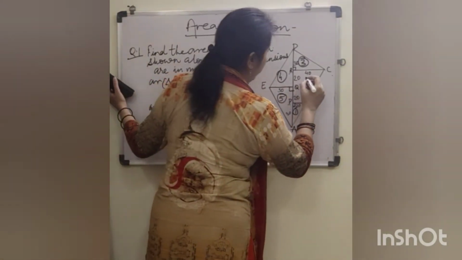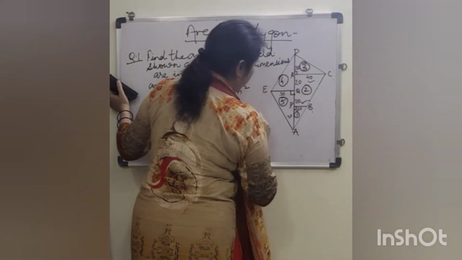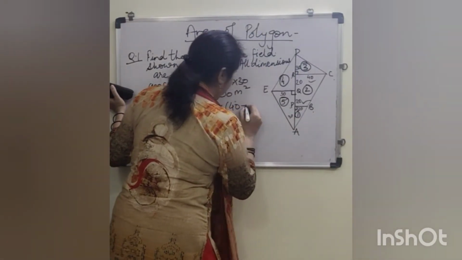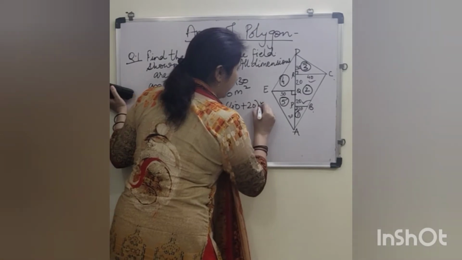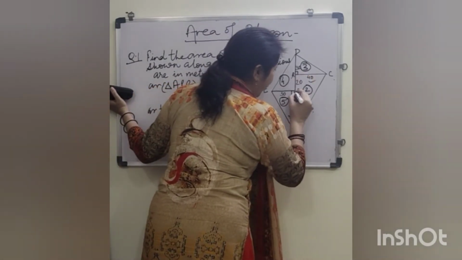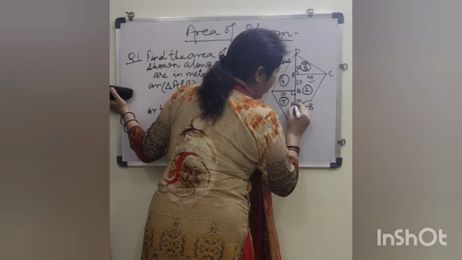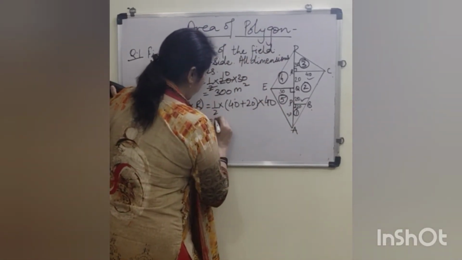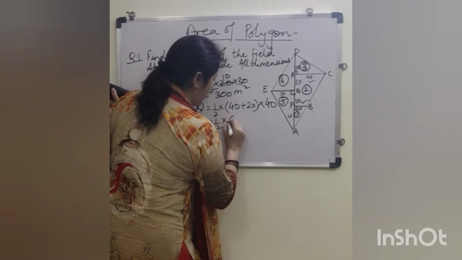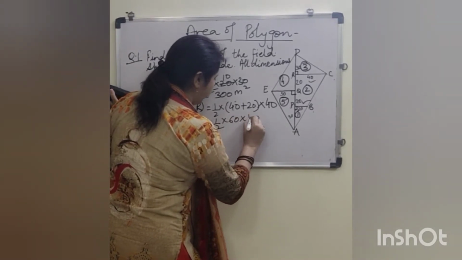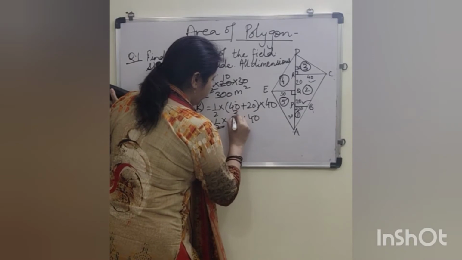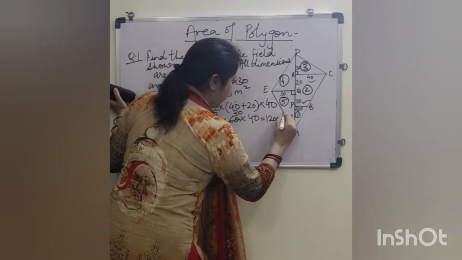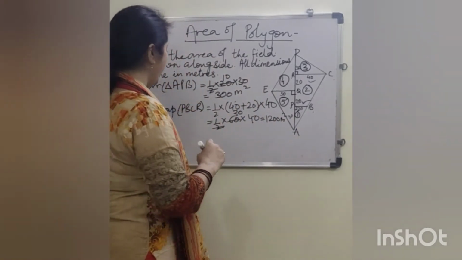So that means 40 and 20 are the parallel sides. Distance between them: 20 is RQ and 20 is QP, so total it is 40. It will be half into 60 into 40, that is 1200 meter square. Area of trapezium we have calculated.